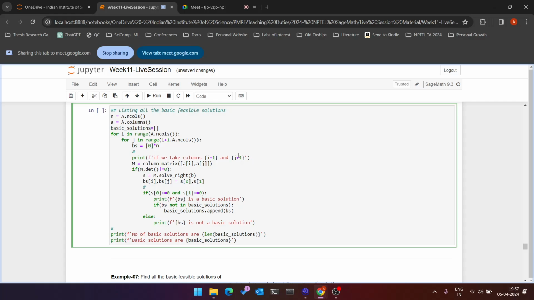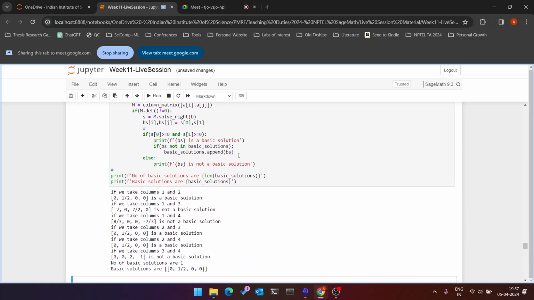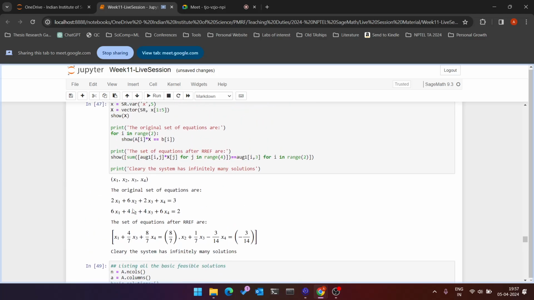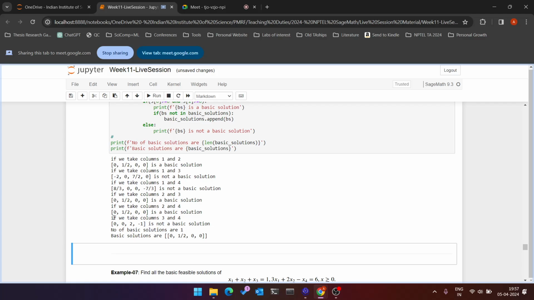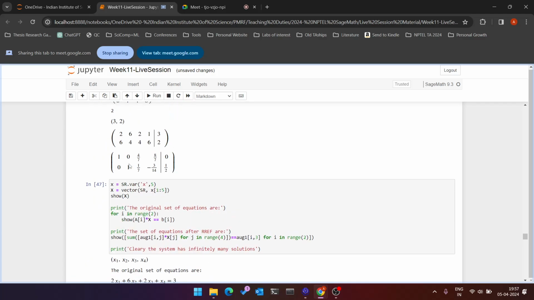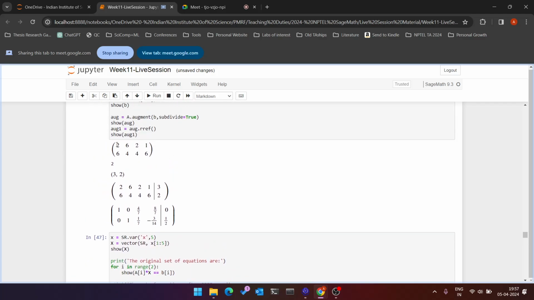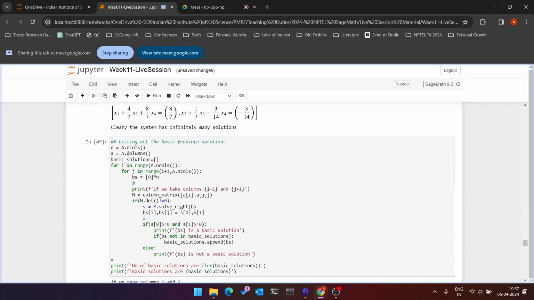Same algorithm as above. So if we take the first two columns, we get a basic solution of the form 0, half, 0, 0. We can quickly check it with 0, comma half as my vector and the first two columns. So 2, 6, 6, 4 multiplied with 0, half will give me 3 and 2 respectively.